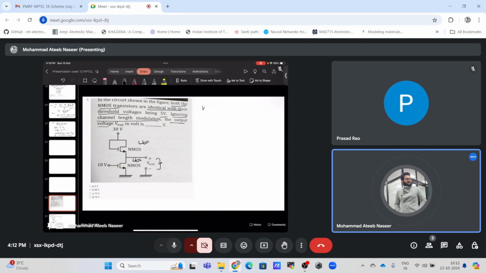For MOSFET 1, with W by L mu n C ox, VGS is simply VG1, which is 30 volt, so VGS is VG minus V out, minus VTH.